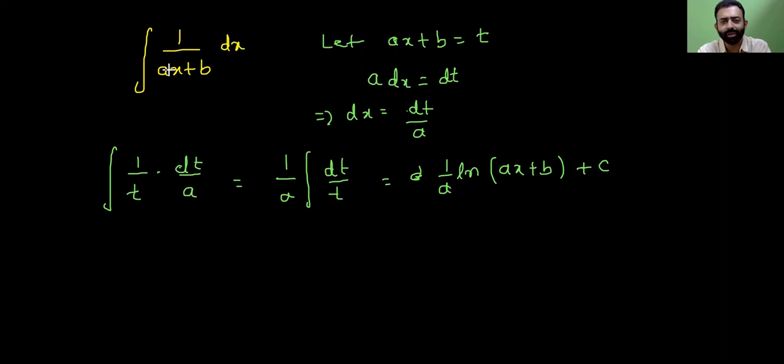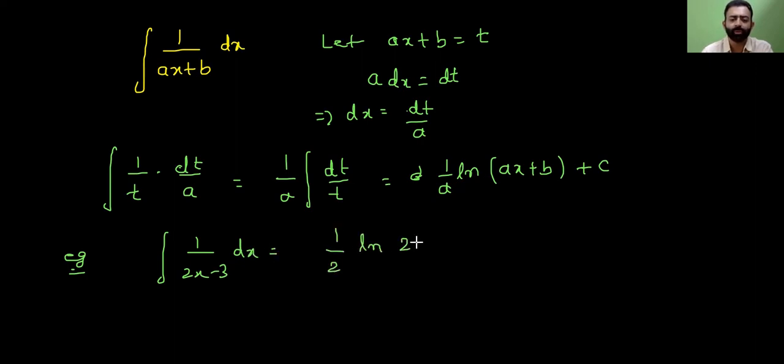So we need to divide the basic integral by the coefficient of x, and this is only possible if there is a linear function in the denominator. Suppose, for example, the integral of 1 upon 2x minus 3 dx, you can directly write this as 1 upon 2 ln of 2x minus 3 plus c, dividing by the coefficient of x and just writing the log of that linear factor.